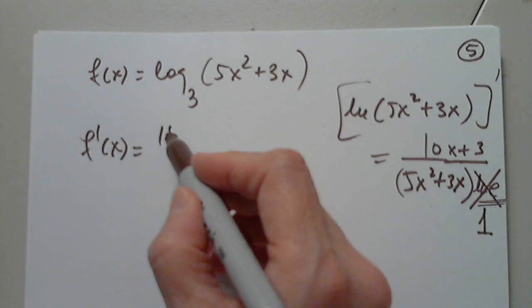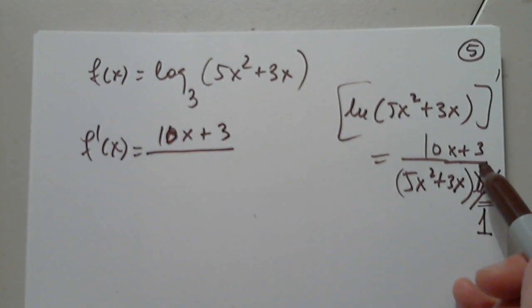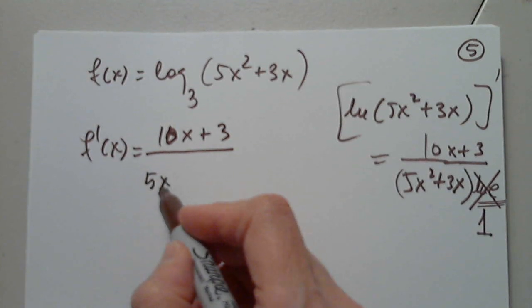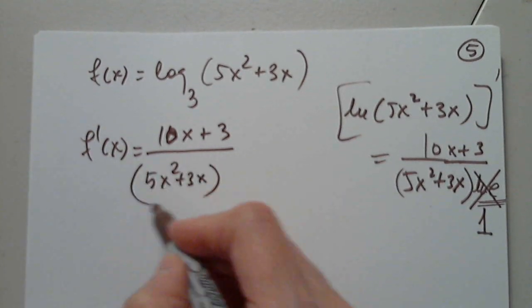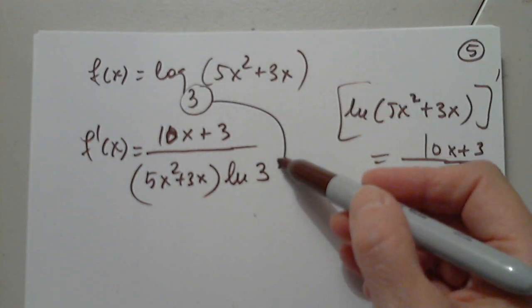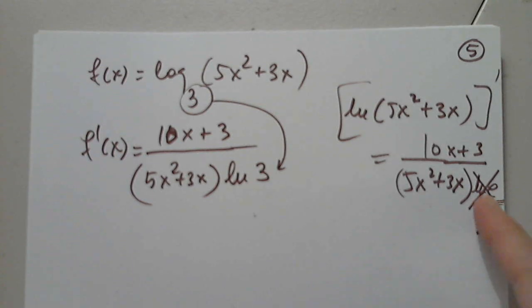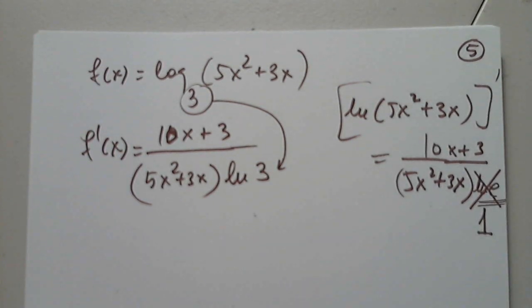It's still 10x plus 3. Same thing in the numerator. Same thing in the denominator. But we have to multiply by natural log 3, this one. When it's natural log, it's 1. That's why we don't need to write it. Okay.